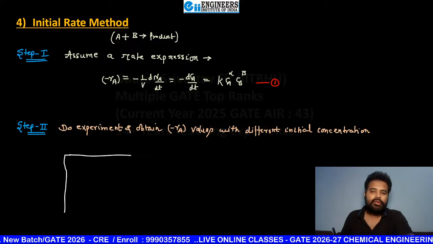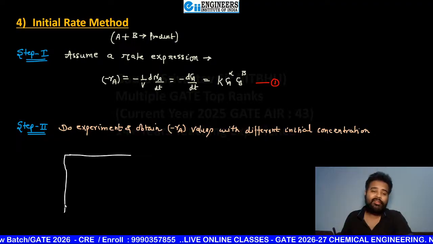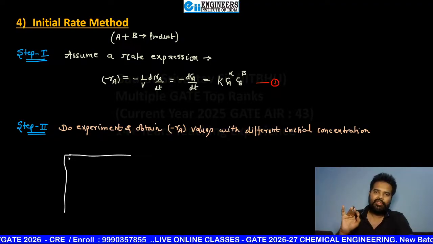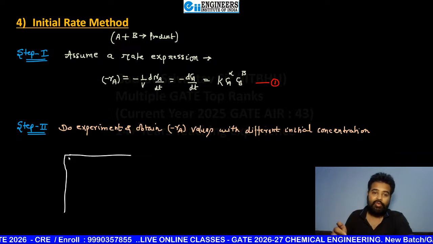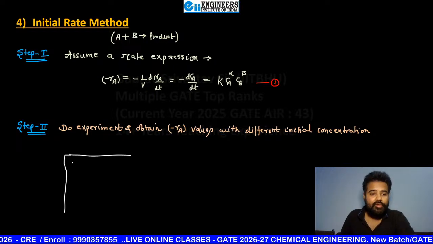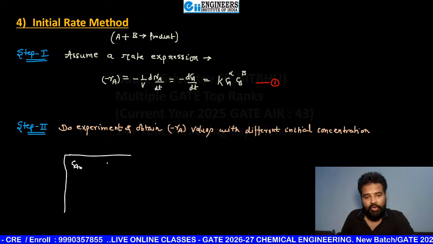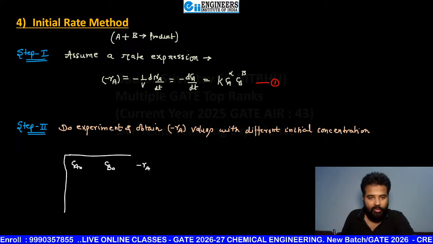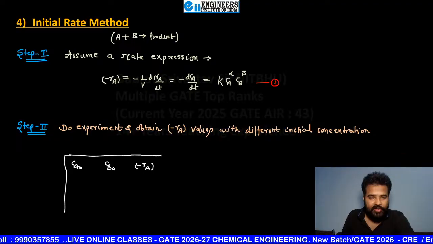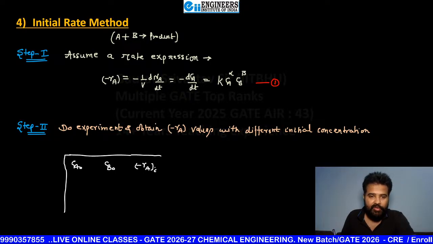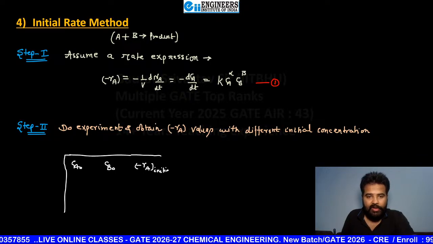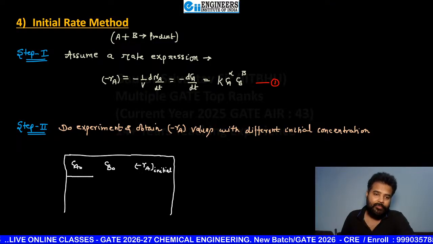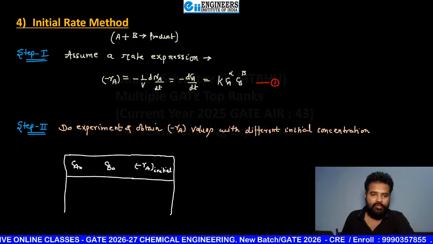You can use more than one experiment, or in the same experiment at different times, you can assume this is our initial rate with respect to that CA naught and CB naught. Corresponding to these, you obtain the value of rate, and this is your initial rate. rA initial means every time you are using the initial rate with respect to that CA naught.